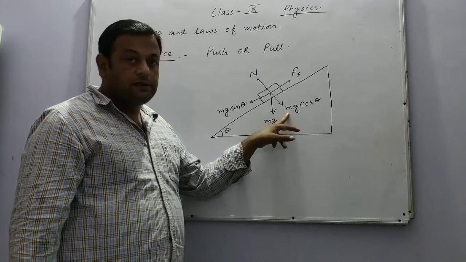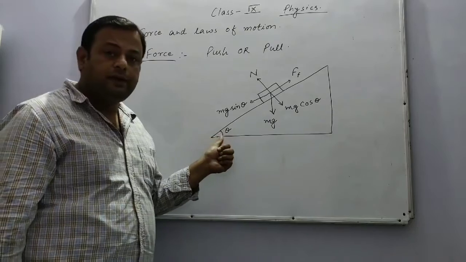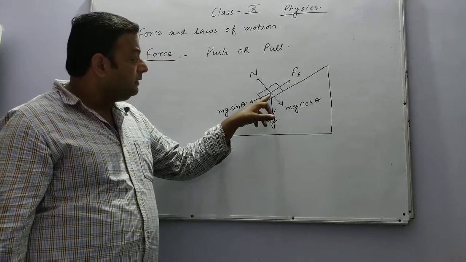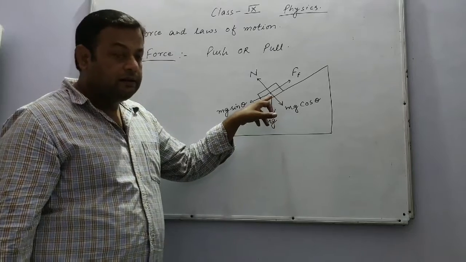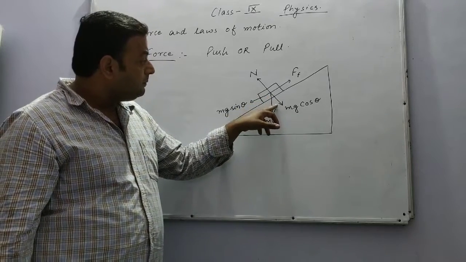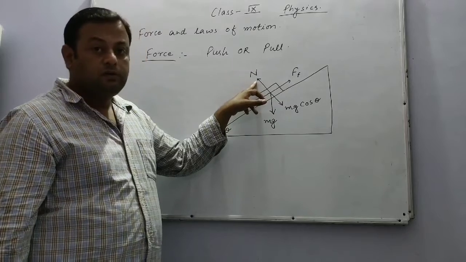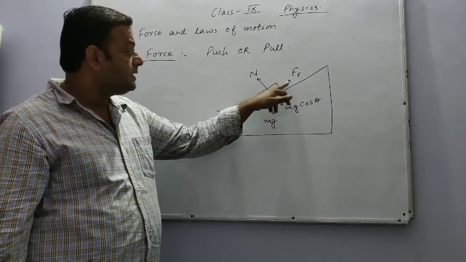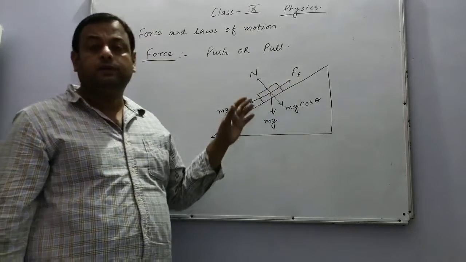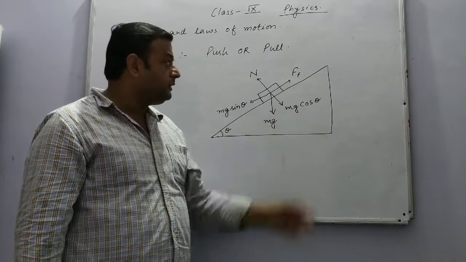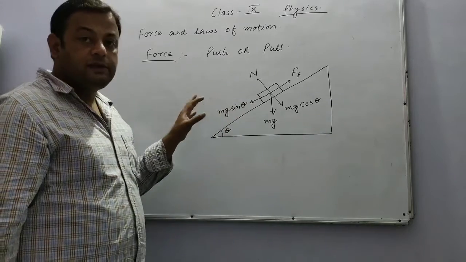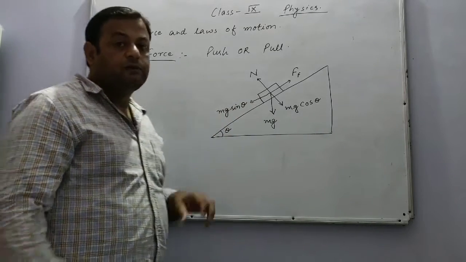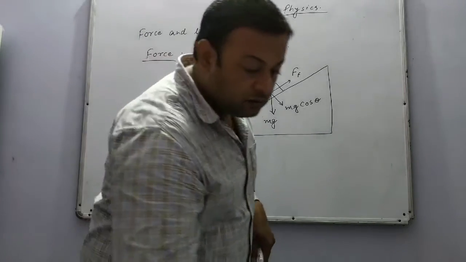Second is mg cos theta, where theta is the angle of inclination, acting perpendicular to the incline, downward. In its opposite direction, the normal reaction is acting. In the opposite direction of the motion, the frictional force is acting, and in this direction the force mg sin theta is acting. So these are the components of the force acting on the object.